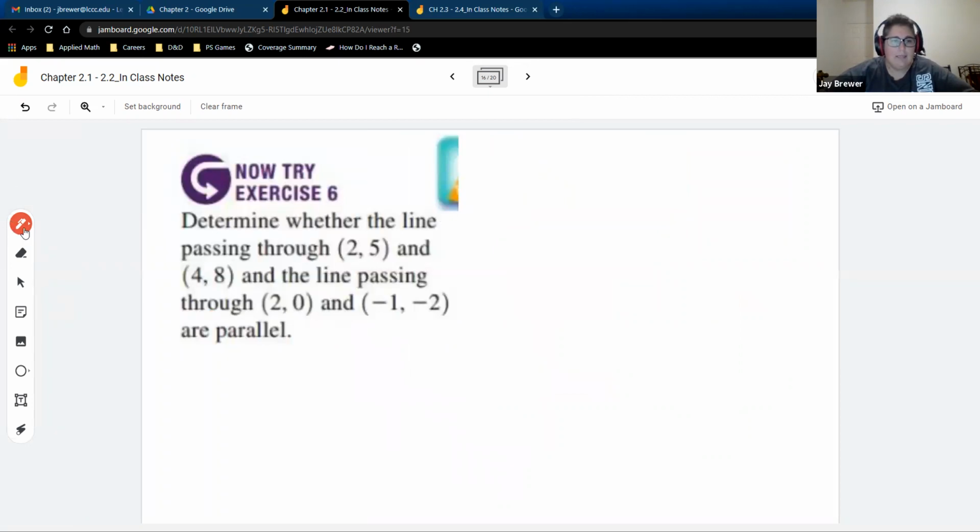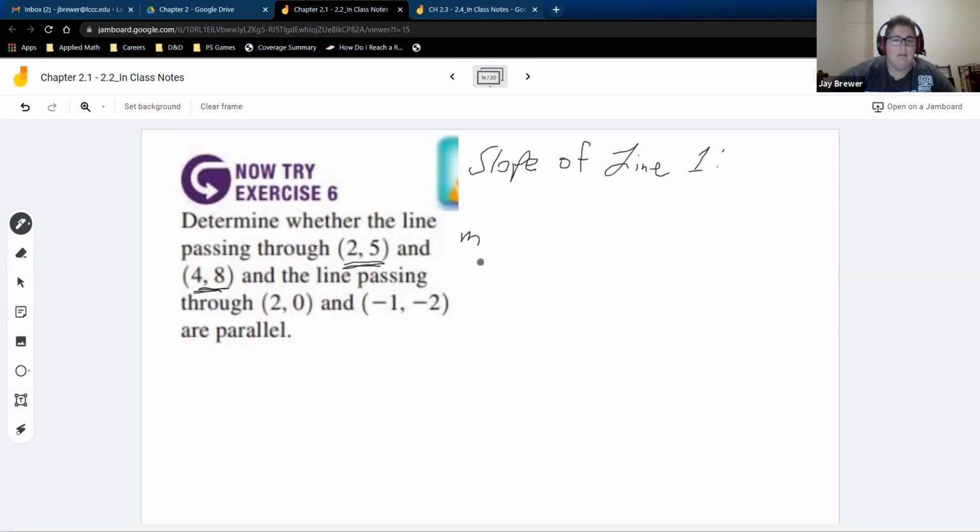Again, you can pause that last slide if you need a little bit longer with it. So what we're going to do here is look at two different lines. The first line has the points (2, 5) and (4, 8). So let's find that slope. We'll say slope of line, or you could say L1.